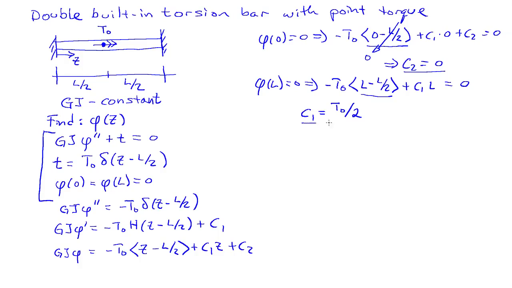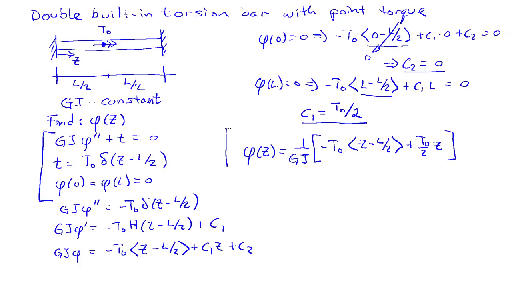So that's my other constant of integration. So my final solution, phi of Z, is equal to 1 over GJ times minus T0 Macaulay bracket of Z minus L over 2 plus T0 over 2 times Z. So that gives me my final result.